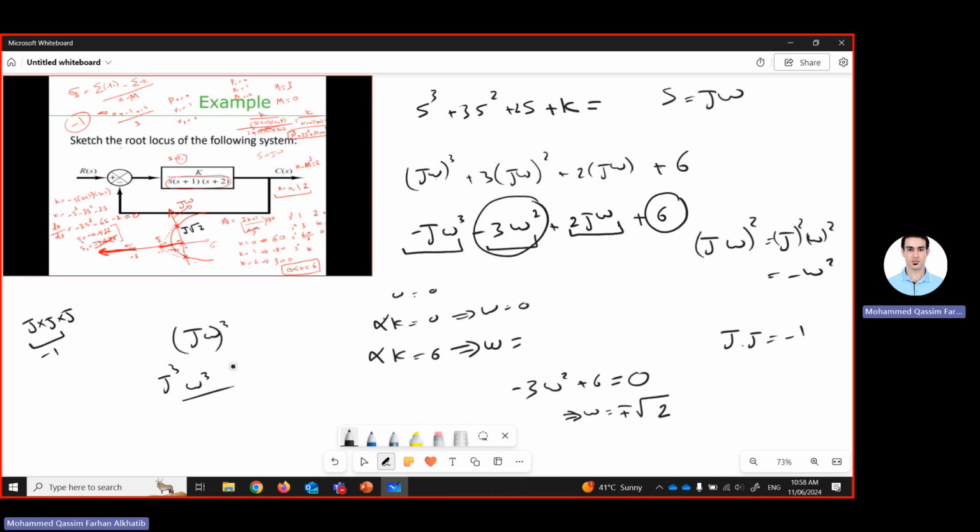Remember, this is the imaginary axis, so j is present. And negative j square root of 2.